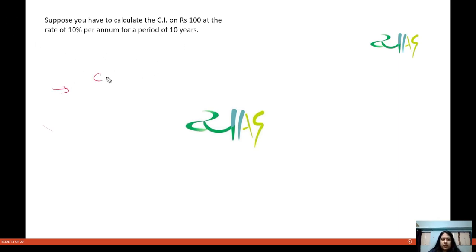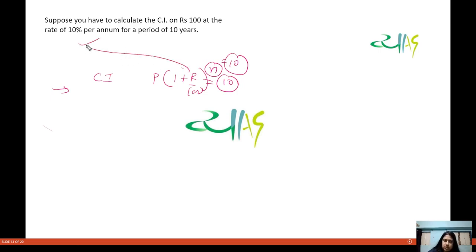So what is the formula for compound interest? It is P times (1 plus r by 100) to the power n. n is 10 here, and r is 10 as well because 10%. So r is 10% and n is 10 years. If we use this formula, see what is going to happen.